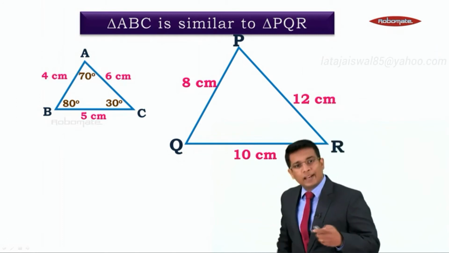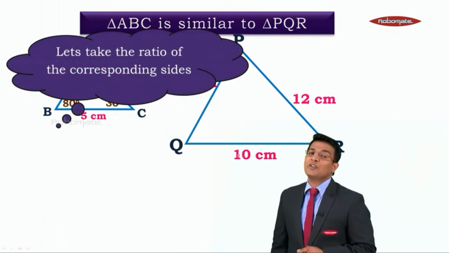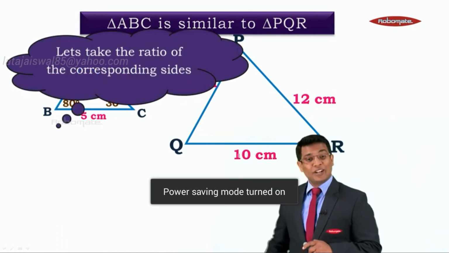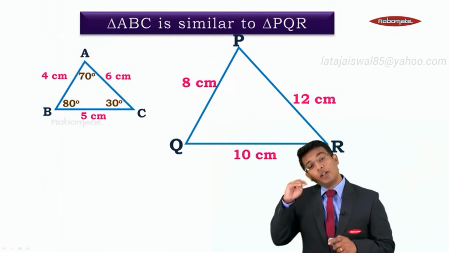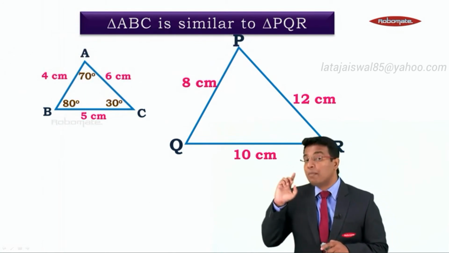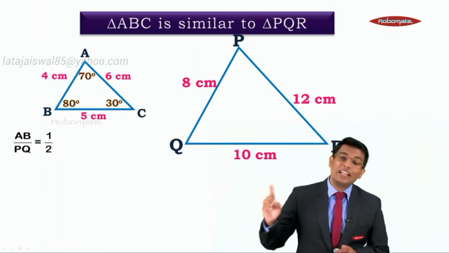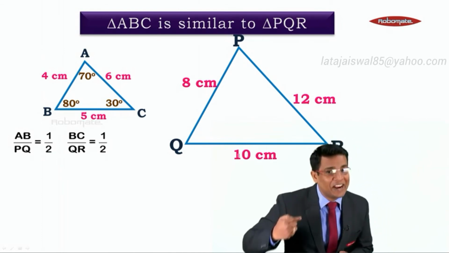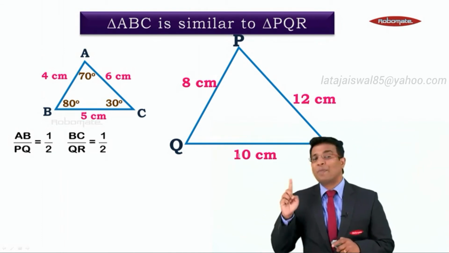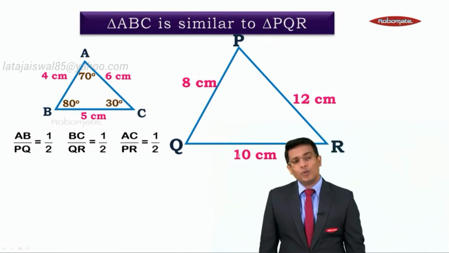Now there has to be some relation, right? What is that relation? Let's create the ratio between the corresponding sides. For AB the corresponding side is PQ. So the ratio of AB and PQ will be 4 upon 8, that is nothing but 1 by 2. BC upon QR is 5 by 10, that means it is also 1 by 2. And AC upon PR is 6 upon 12, that means it is also 1 by 2.